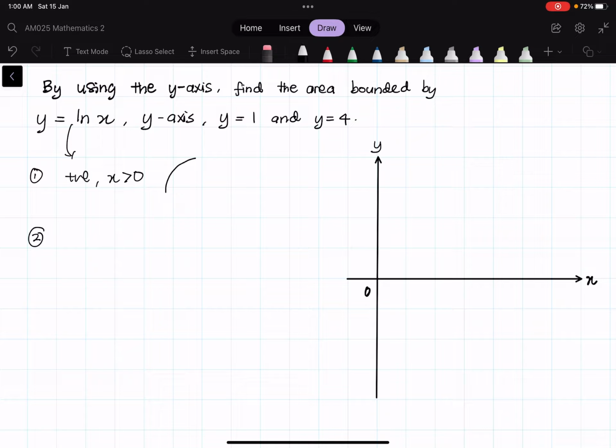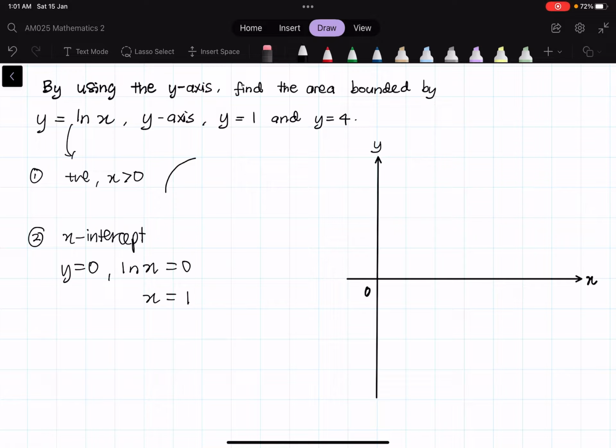Now let us find the x-intercept. When y equals 0, ln x equals 0, and x equals e to the power of 0. e to the power of 0 is 1.